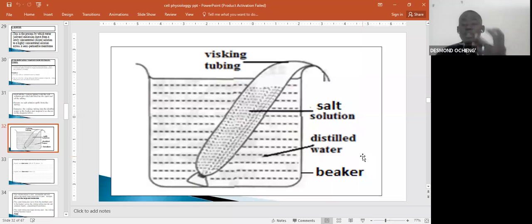But when you're talking about the concentration of water, the distilled water is highly concentrated with water, while the salt solution is lowly concentrated with water. So osmosis, as we said earlier, occurs from the region with a high concentration of water to the region of low concentration of water. And that is what you have seen there from that setup.